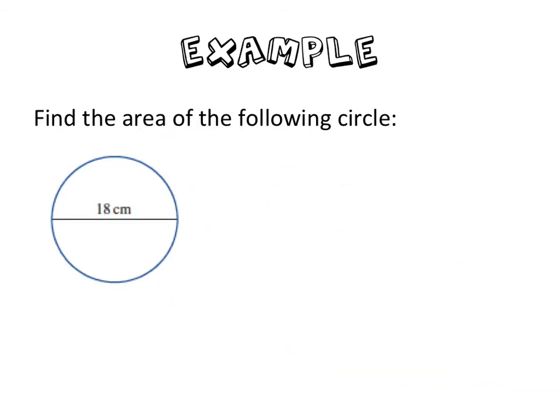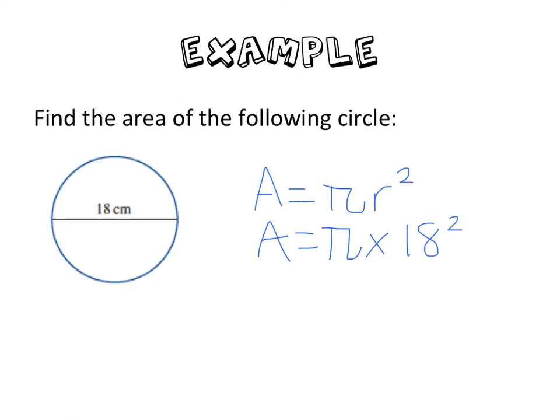Let's have a look at another example. Find the area of the following circle, 18. I know my area equals pi r squared. So my area equals pi, then I substitute into my formula, multiplied by 18 squared. Area, oh no, wait, hold on. What mistake have I made just here?